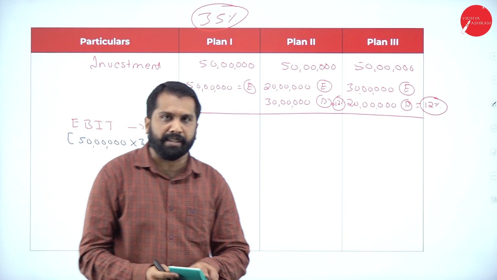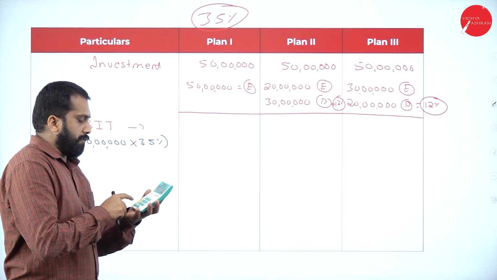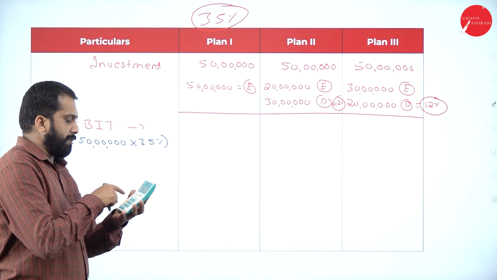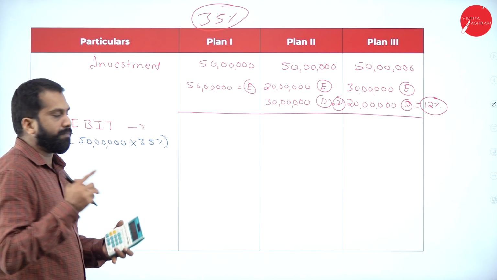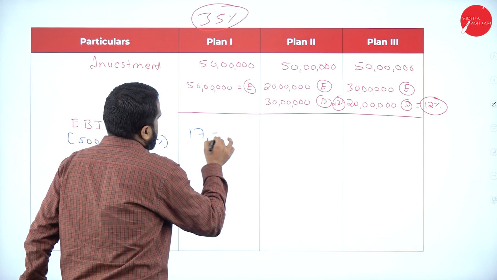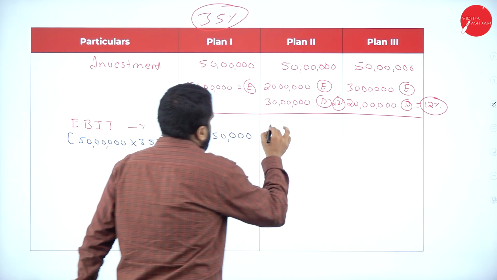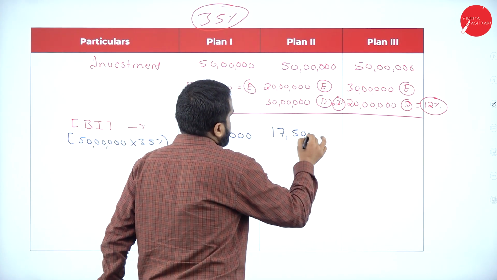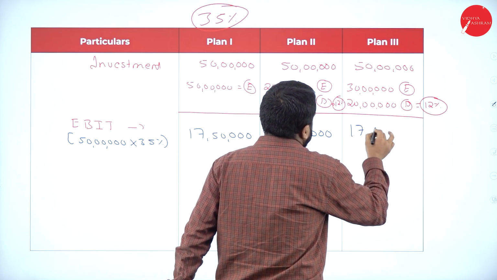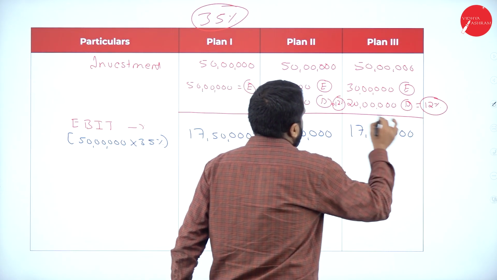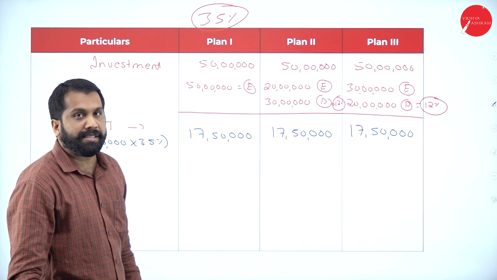Now how much you will get? So 50 lakh into 35%, I get 17 lakh 50,000.